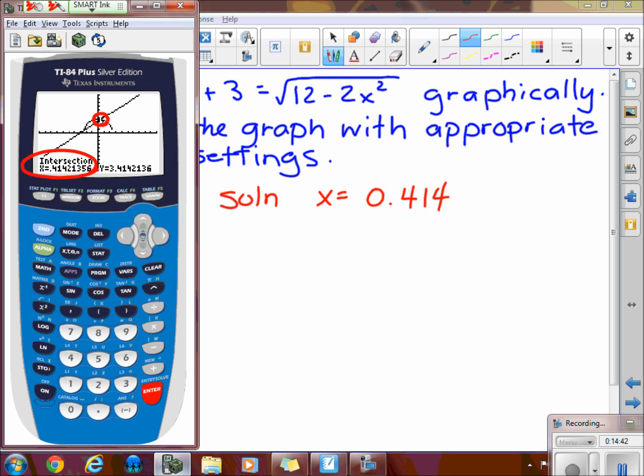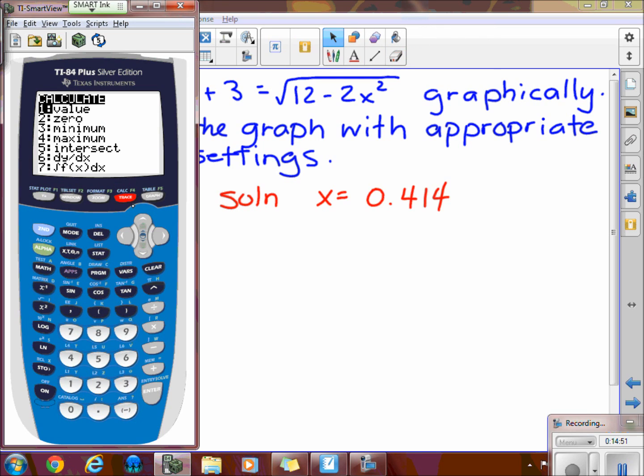We have to now move our cursor. We go back to second trace number 5, the intersection, but move your cursor closer to the other intersection point so it knows it wants to find that one. So there, I'm really close to that intersection. Now you just let it go first curve, enter, second curve, enter, let it find the answer.